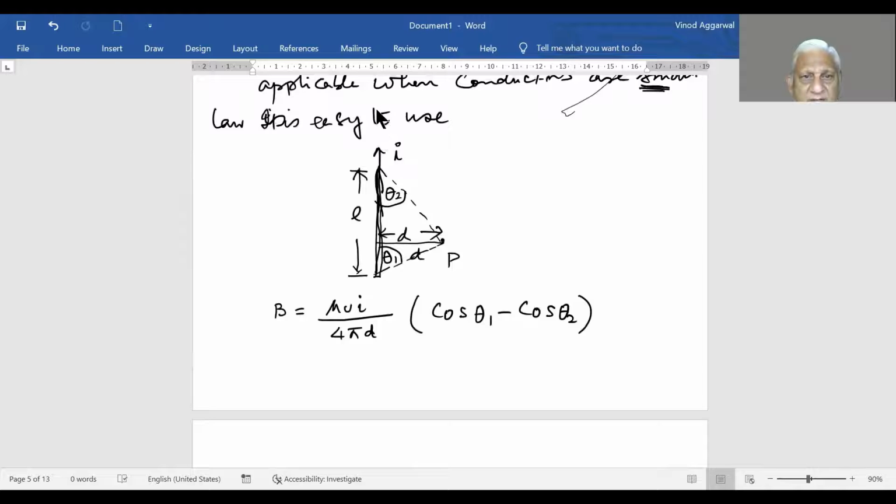If this conductor becomes very, very long, then what happens to theta 1? If the length keeps increasing, theta 1 will keep increasing until it goes to 90 degrees.